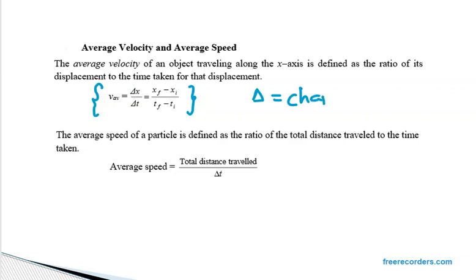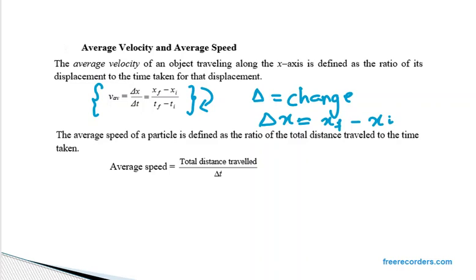Del x is written as xf minus xi, which means the difference between the final position and the initial position. The same is the case with time: del t is written as tf minus ti. So this is what average velocity is all about.